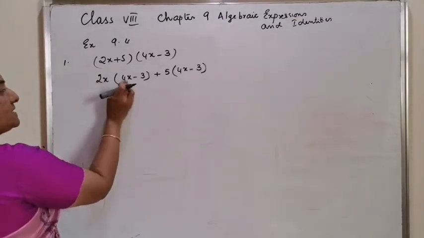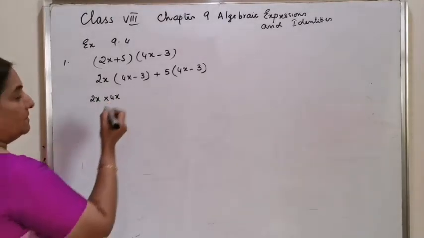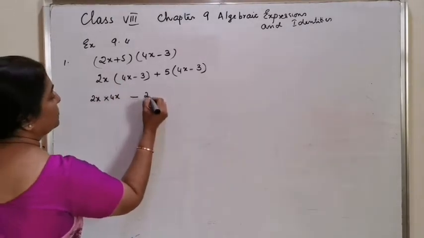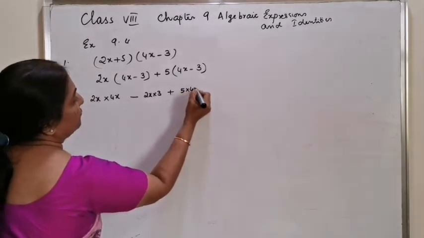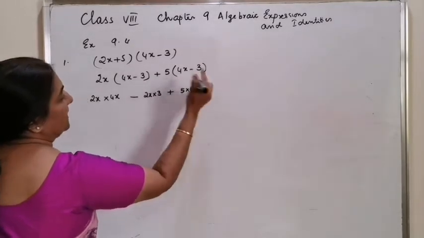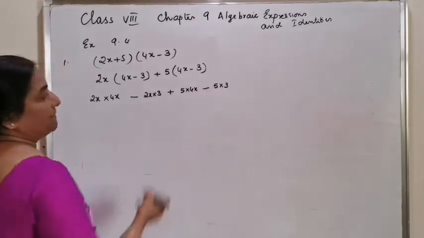Now 2x into 4x, monomial into monomial, minus 2x into 3, plus 5 into 4x, plus into minus is minus 5 into 3.